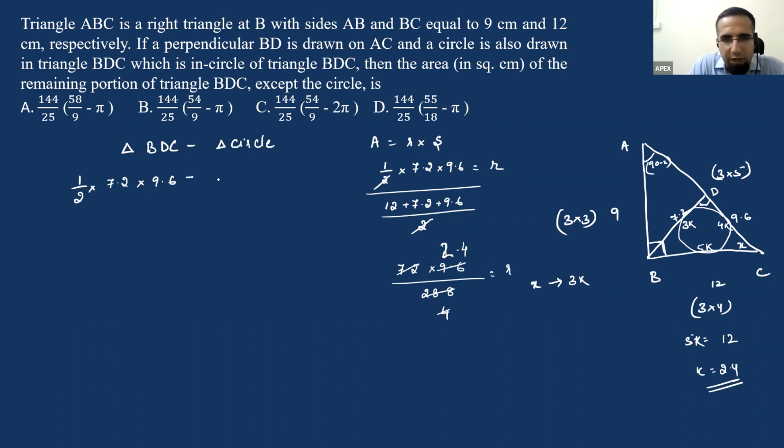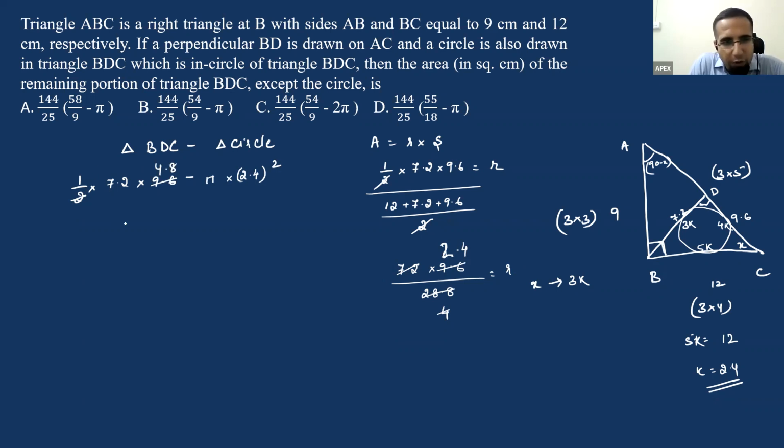So what is the area of the circle? Area of the circle is equal to pi into R square, that is 2.4 whole square. Let's simplify this here, guys. So this is 2 into 4.8. So what can we write here?